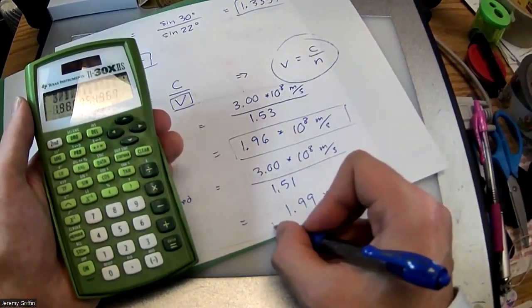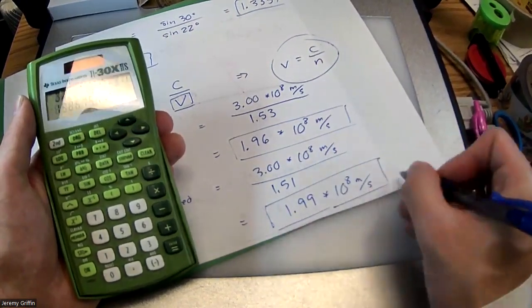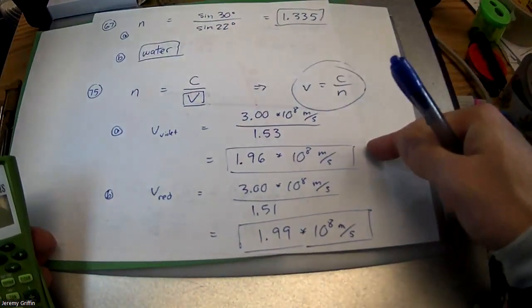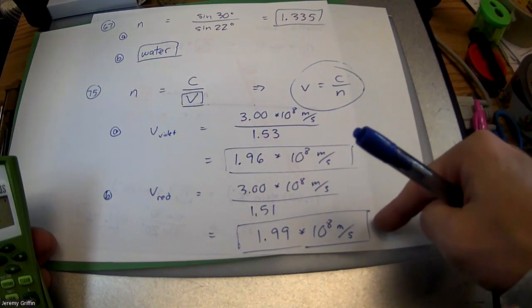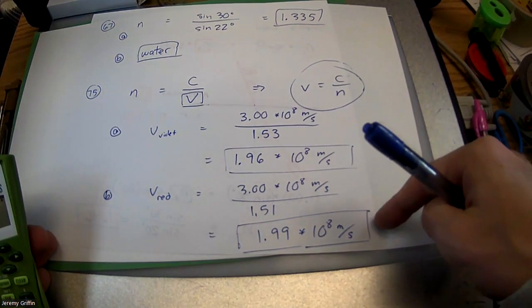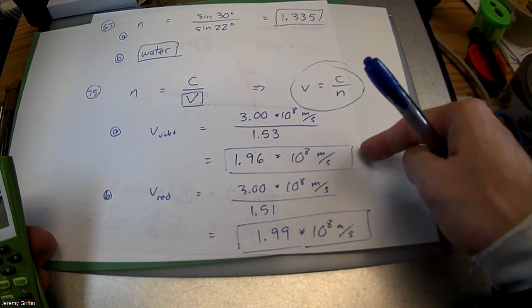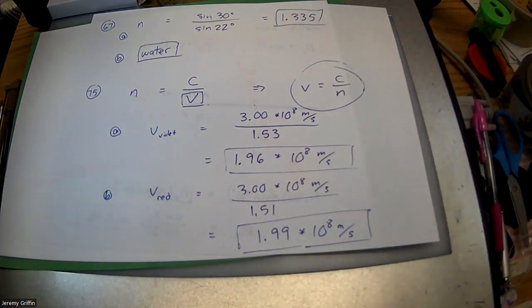Ooh, so a little bit faster, right? The fact that violet light slows down a bit more than red light does is an indication that it's going to refract more, bend more. So when we shine white light through a prism, it's going to refract out the different colors. Colors separate. Guys good?